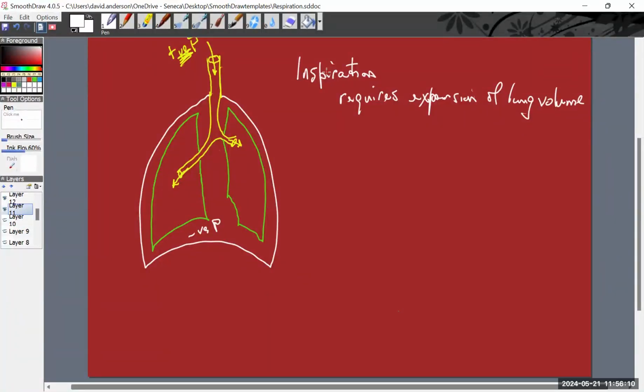To allow more air delivery, we need more lung volume. So we'll say requires more air delivery. Does that make sense? Everybody okay with that statement? Yeah.